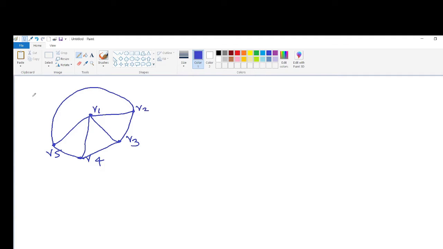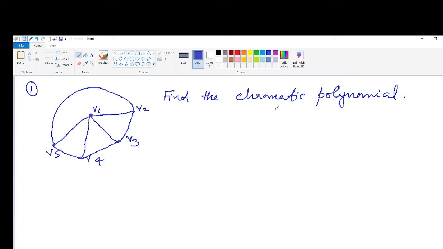Now you can take this as question number 1. Find the chromatic polynomial of this graph.